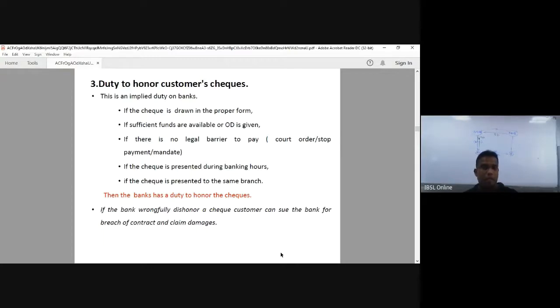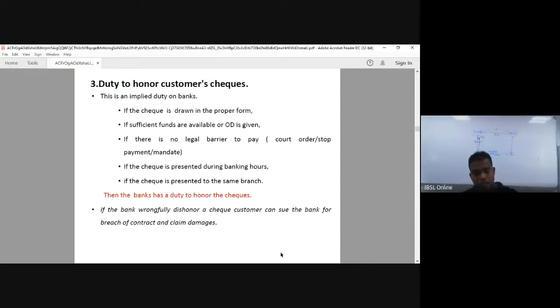It is the duty of the bank to publish the banking hours. Different banks have different working hours. It could be 8 to 2 or 9 to 3 or 9 to 5 or whatever, but you have to inform the customers by putting up a notice.